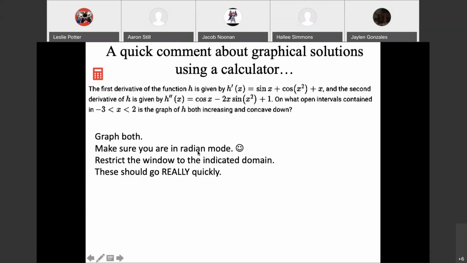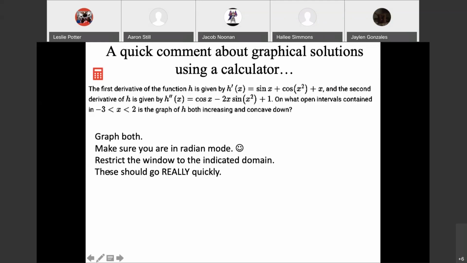We've had a couple questions like this in the notes: where's the graph of h both increasing and concave down? We're going to graph the derivative and graph the second derivative. We're going to make sure we're in radian mode, because oftentimes on calculator questions they're going to ask you about trig.